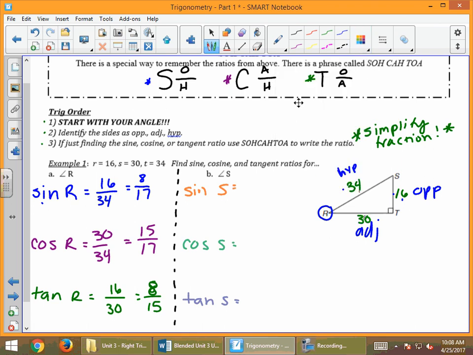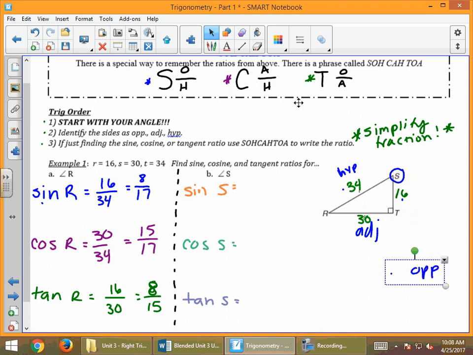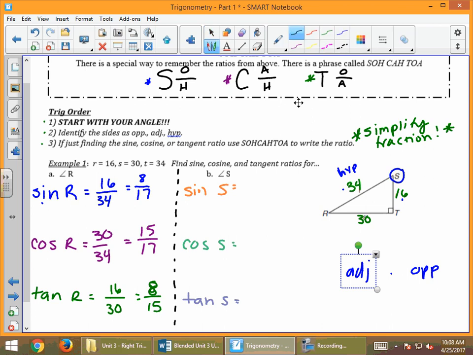So, we're dealing with a new angle, so we're going to start with a new angle. There we go. So now we're starting at angle S. We're going to label angle S. We're going to have new opposite and adjacent because we're dealing with the same triangle, our hypotenuse is staying the same.